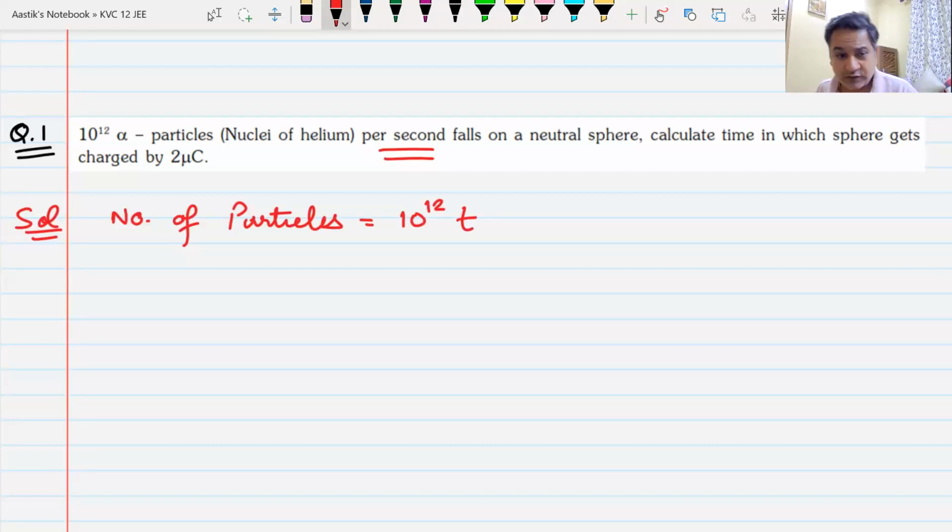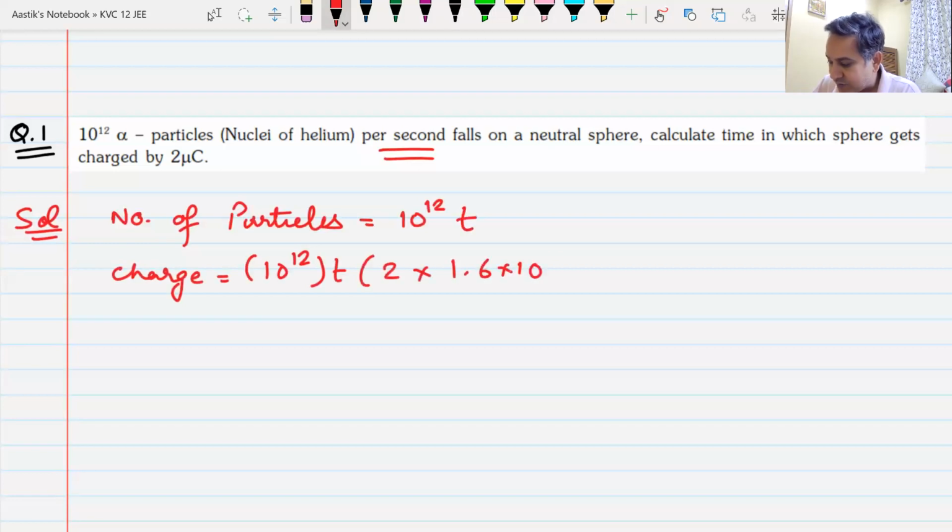The charge on one particle is 2 times the charge of an electron. So the total charge falling will be 10 raised to the power 12 multiplied by t multiplied by 2 into 1.6 into 10 raised to the power minus 19 coulombs. And that must now be equal to 2 into 10 raised to the power minus 6.